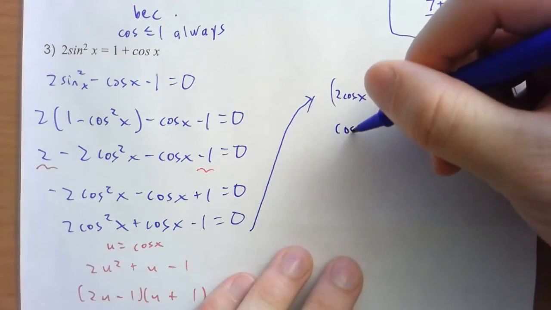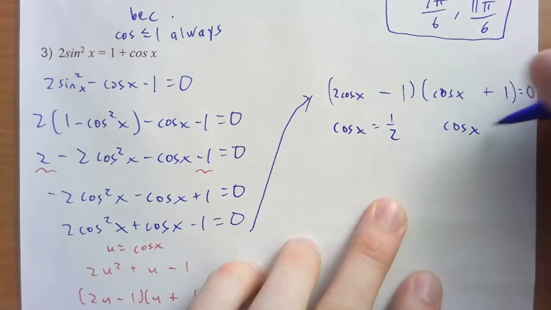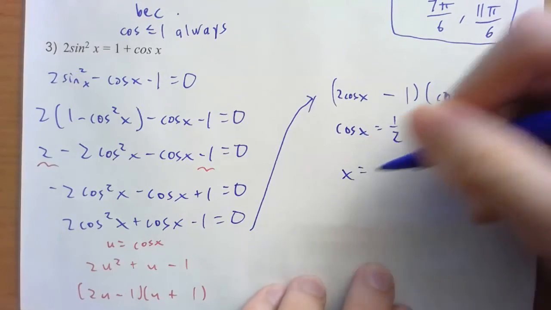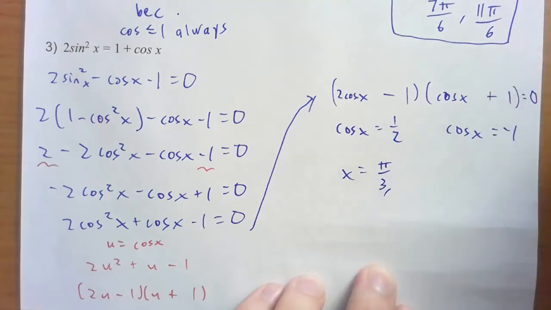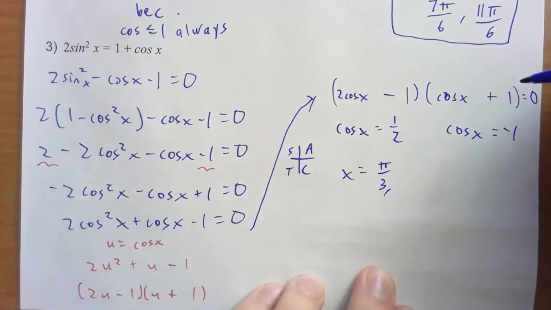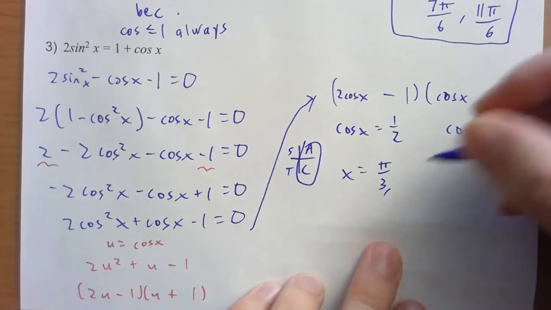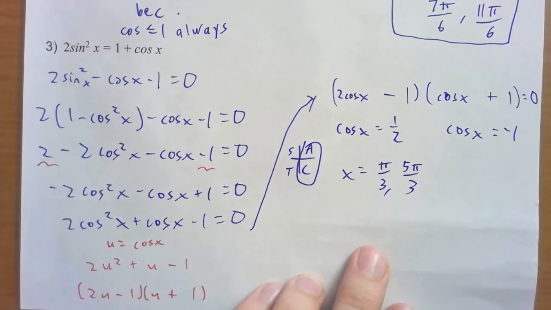So then here we would get cosine x equals a half. Here we'd have cosine x equals negative 1. On the unit circle, cosine being a half, that's pi over 3. We would need to think about ASTC. Cosine is positive in the first and fourth quadrants. Fourth quadrant, that's 5 pi over 3. Again, we don't put the plus 2 pi in because of that restriction.